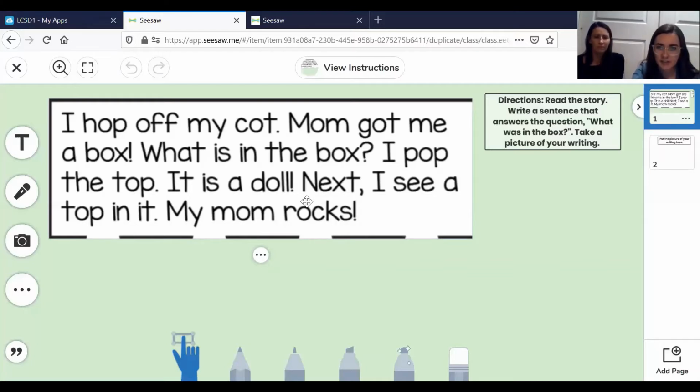N, nut, X. Next, I see a top in it. Next, I see a top in it. My mom ox rocks.